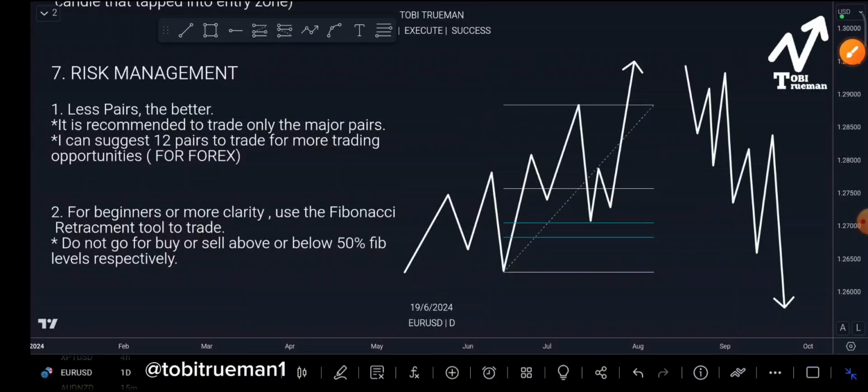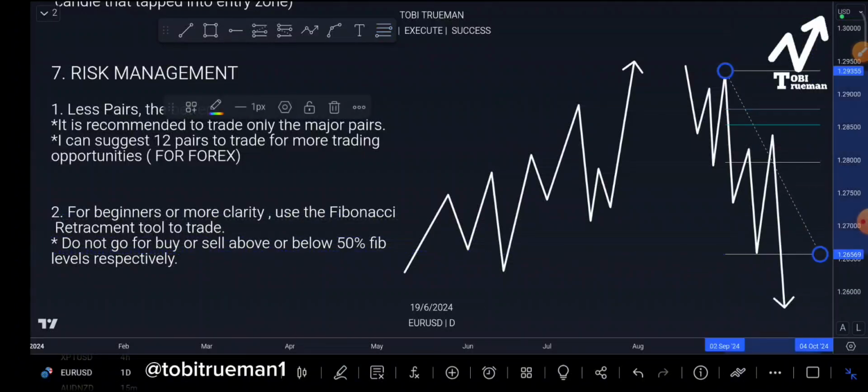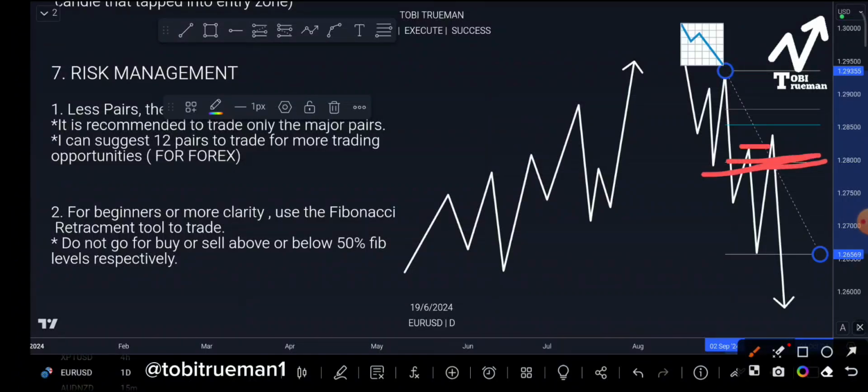If the market is bearish, the same principle applies: you want price to retrace, so you take your Fibonacci from the low up to the top. Then when you look at where the inducement is, if the inducement point is above this 50%, since it's above it, we can sell here if there's any selling opportunity. Then if price also comes to the order block, we can also sell accordingly.